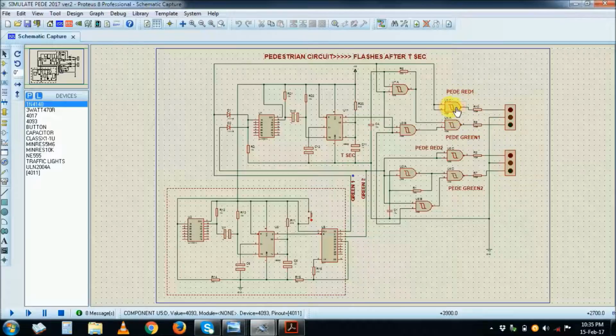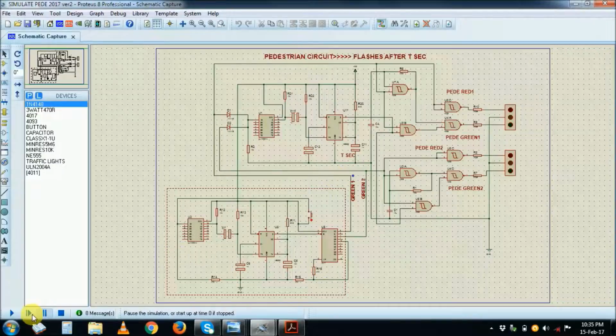But everything else is the same. The timing, the t seconds, you can actually change. You change this time here, it changes the time it takes to actually start to flash. This timer is only there to actually time the length of flashing time.